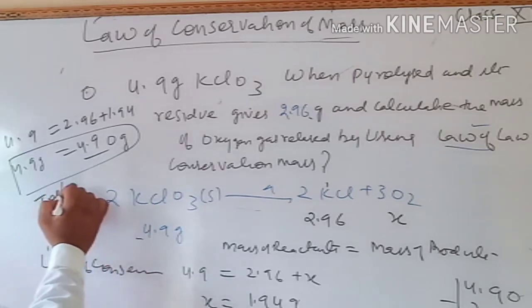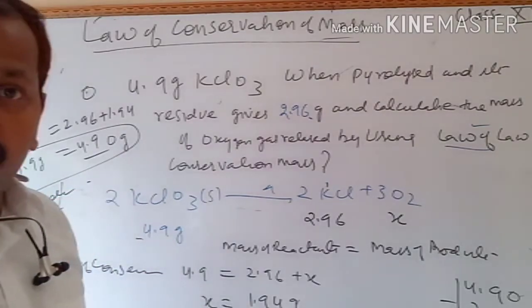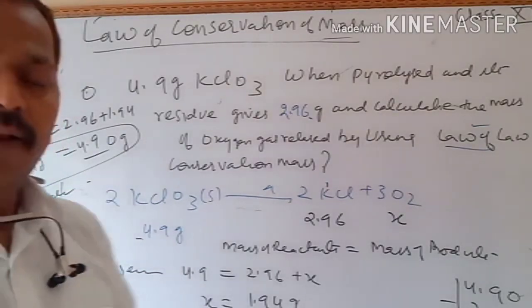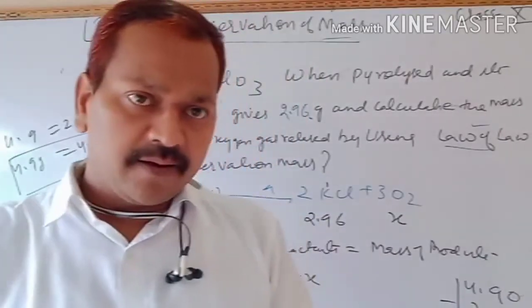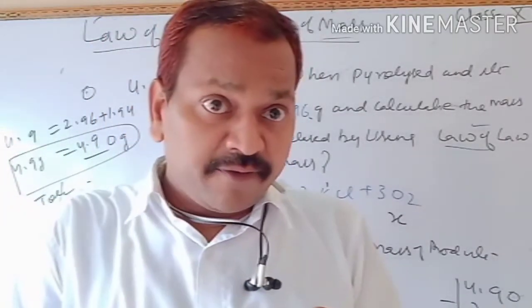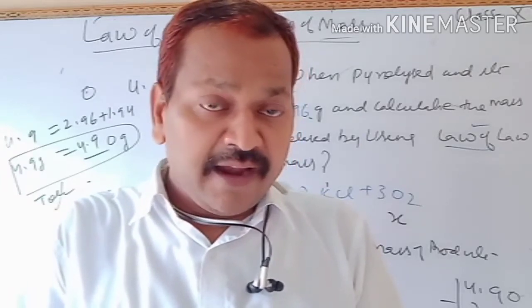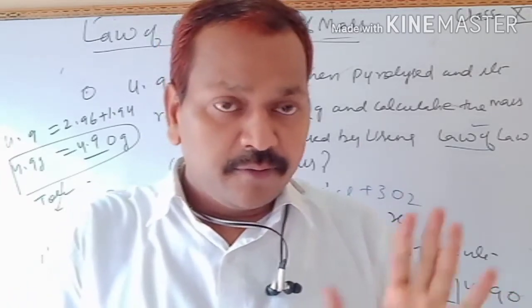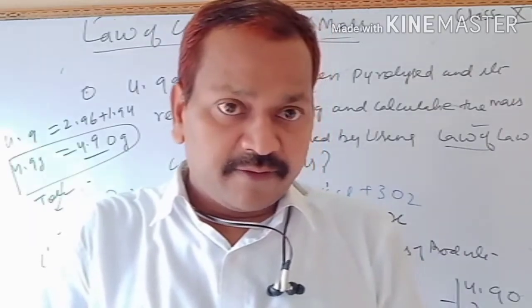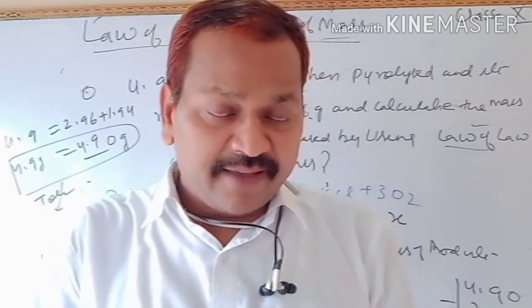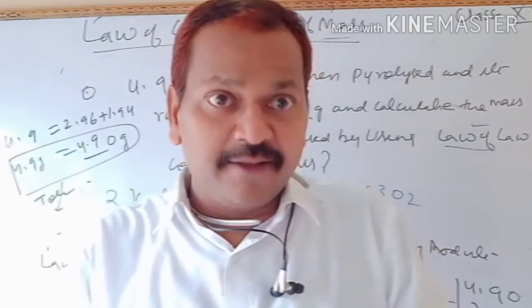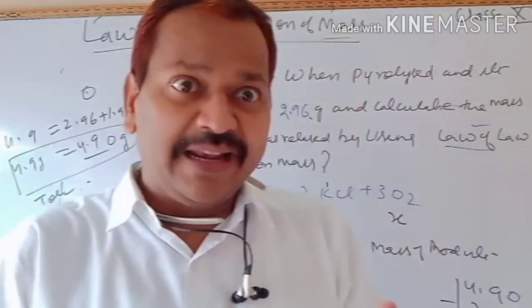So total mass of reactant is equal to total mass of product. The numerical is very simple. Here we should know the concept and techniques and then application, right? So here we are doing three things: concept, techniques and application. Through the numericals we can use techniques and concepts.